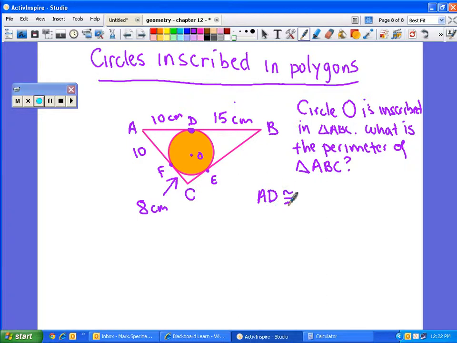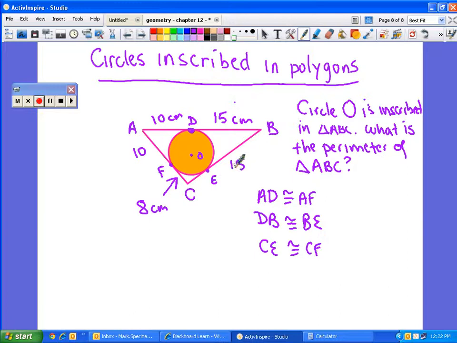So AD is congruent to AF, and that means that DB is congruent to BE, and that CE is congruent to CF. Exactly. So if DB is 15, that means that BE is 15.